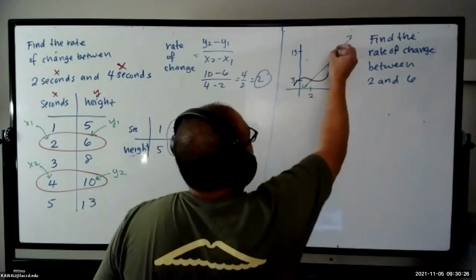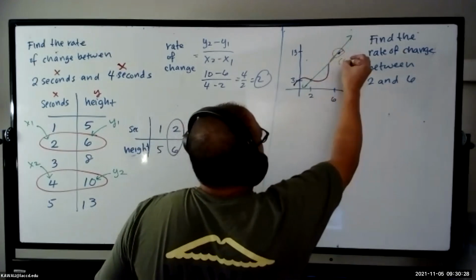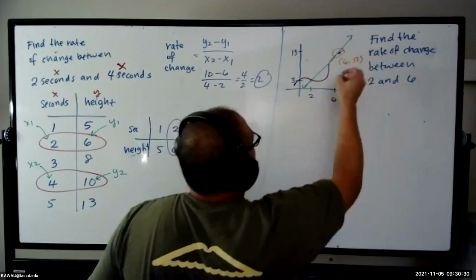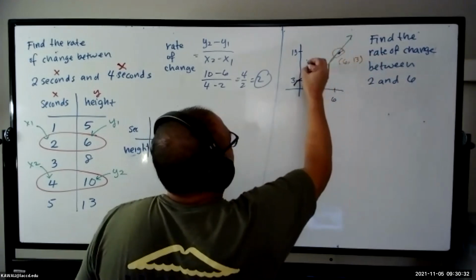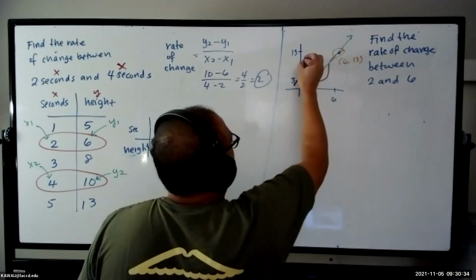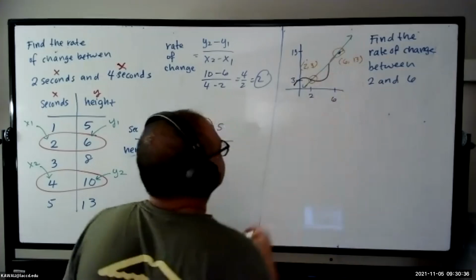So we have this over here, which is (6, 13). And we have this over here, which is (2, 3).